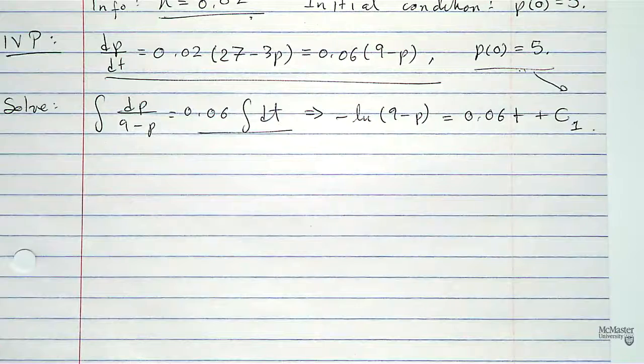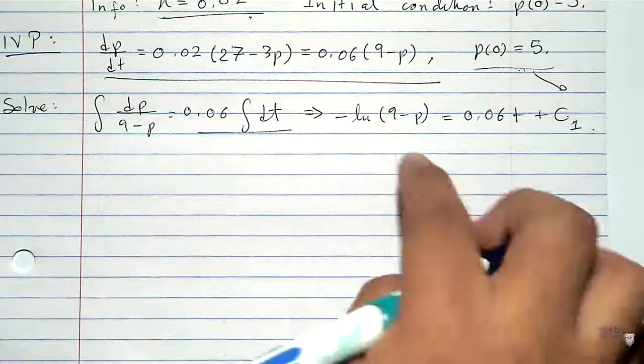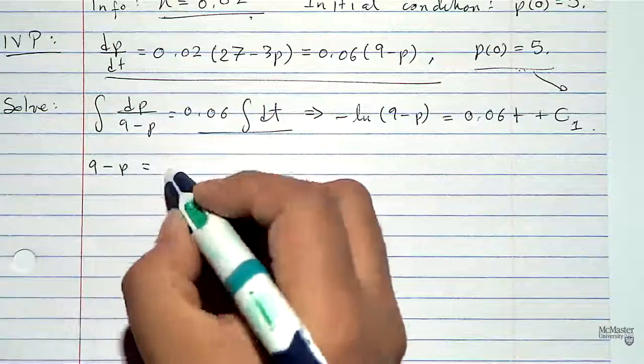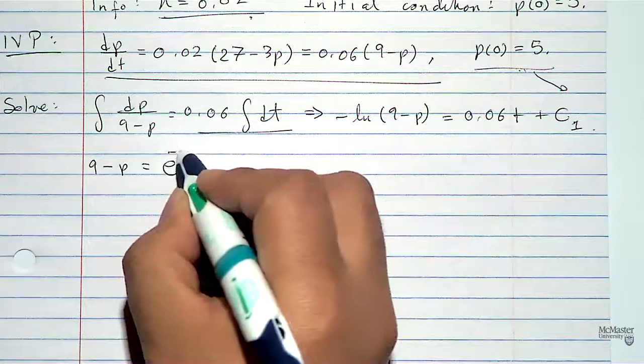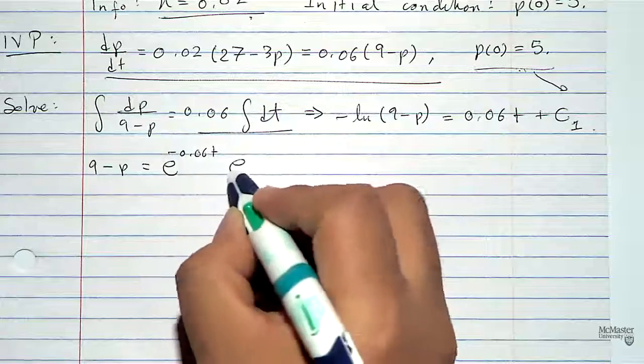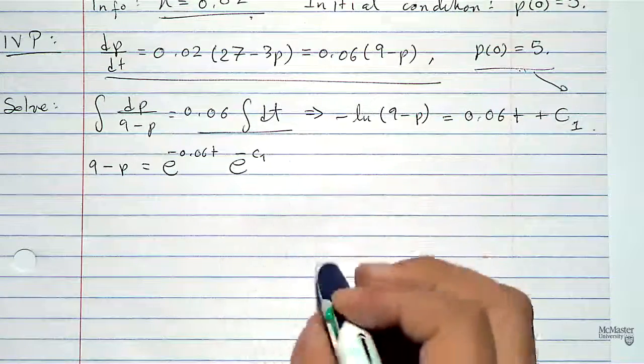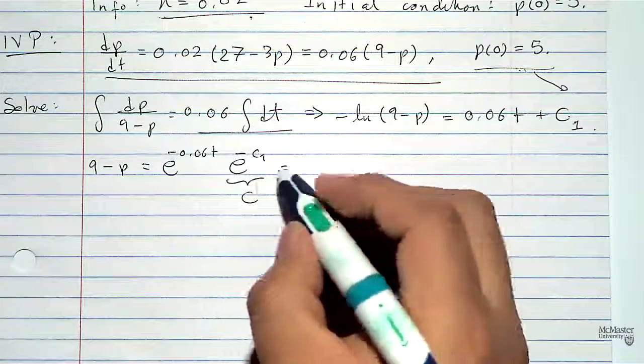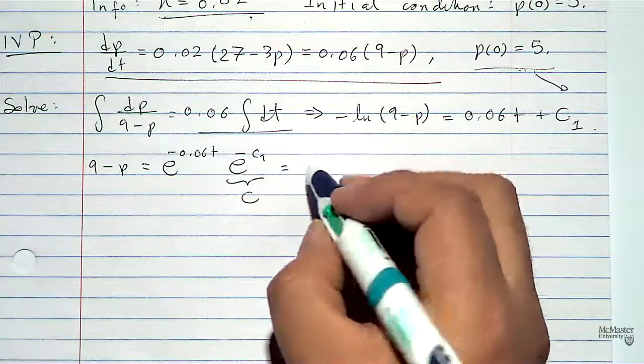So we can simplify a little bit. If you pass the minus to the other side and you take exponentials, you have 9 minus p equal to e to the minus 0.06t times e to the minus c1, which is the reason why we wrote it as c1, because we will actually define a constant c.